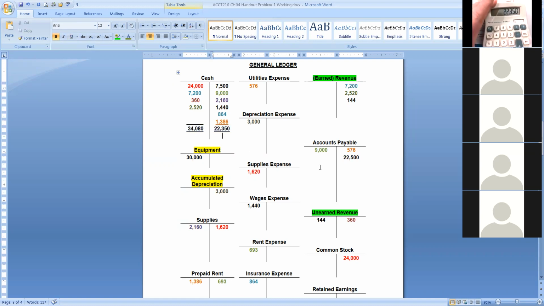If you mess up an account, or anytime I've messed up an account, it's been that everything goes through cash eventually. So that's why cash has so much stuff in it. And if there's an error to be made, it's usually in that account.